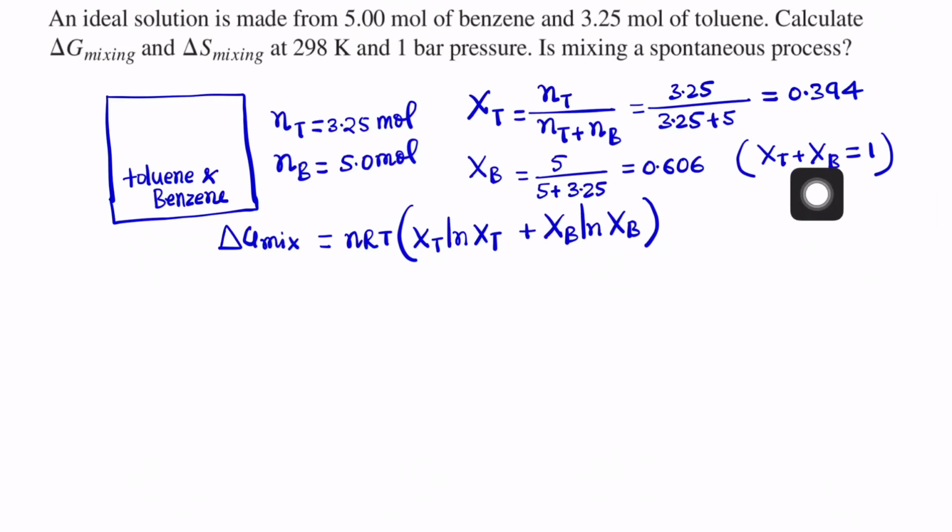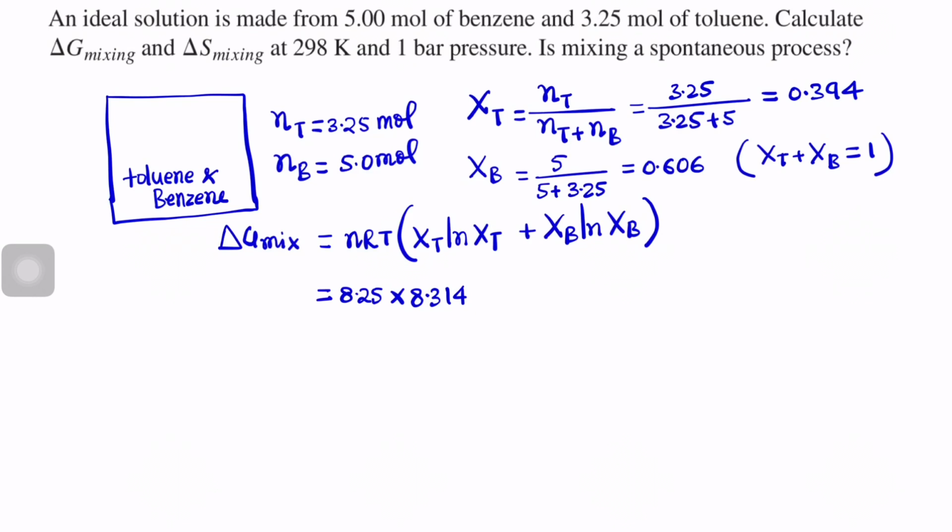Now we have to put in all the values. This n is the total moles of the solution, so n is 5 plus 3.25, that is 8.25, into R. R is the universal gas constant, which in joule per mole per Kelvin is 8.314.